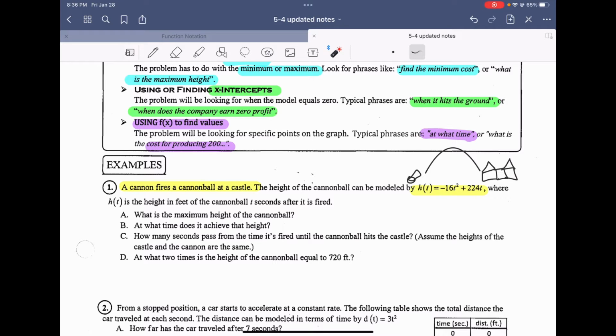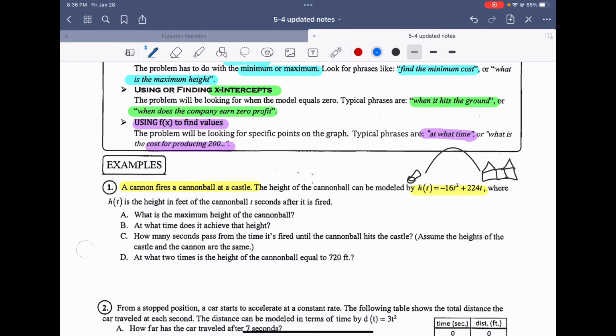So I want to stop there for a second and talk about my t and my h of t. So there's no x and there's no y, but if we were to draw this on a graph, one of these is our independent variable, and that's going to be like our x, and that's the seconds.